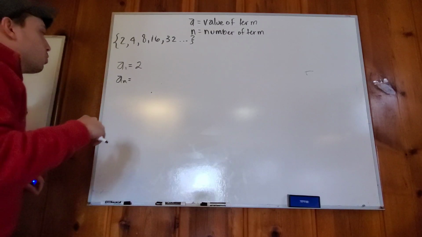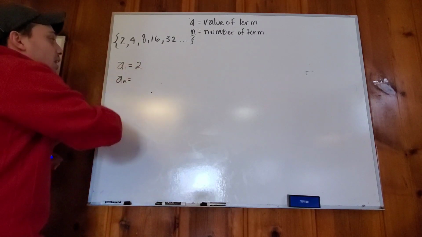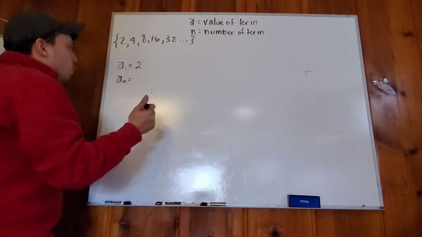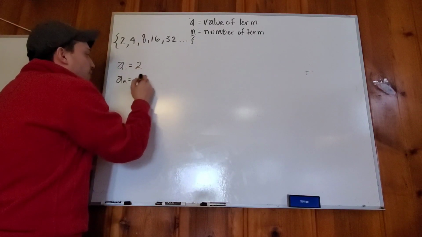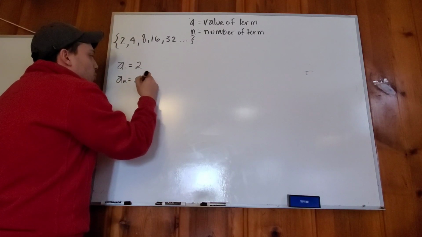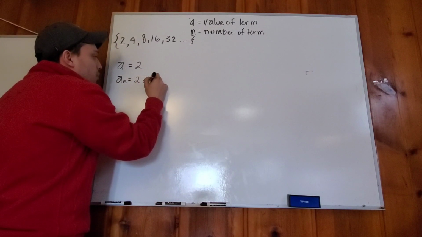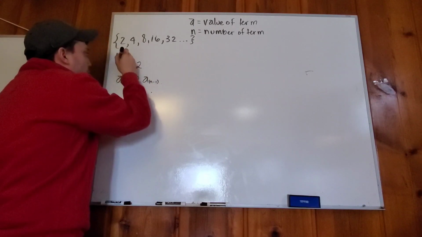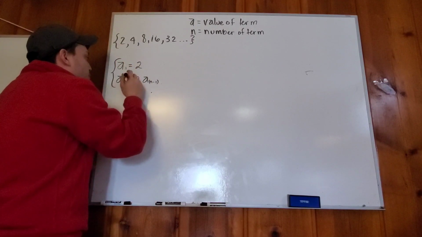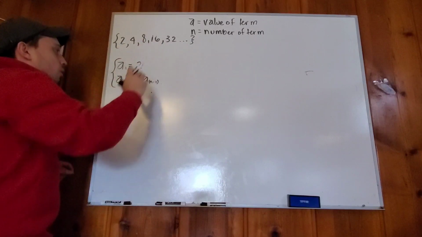A of N minus 1 means the value of the previous term. What do I mean by that? The formula itself is going to be 2 times A of N minus 1. I'm going to put a little parenthesis here. That is going to be the recursive formula for this particular sequence.